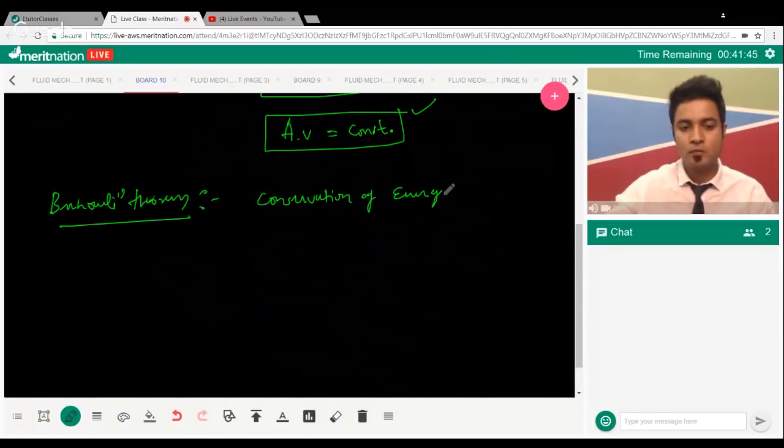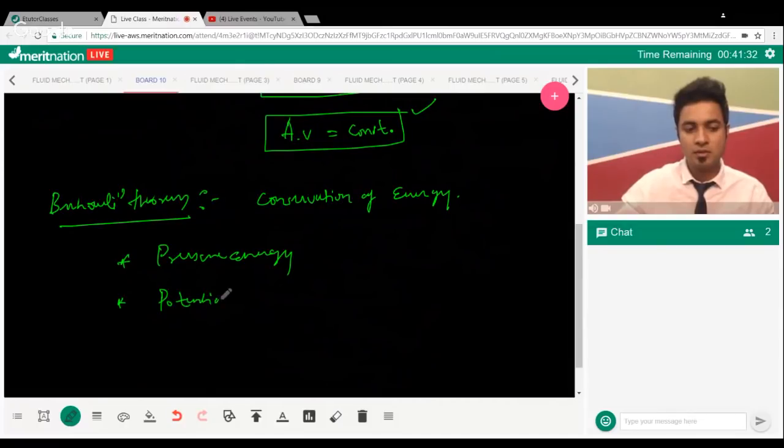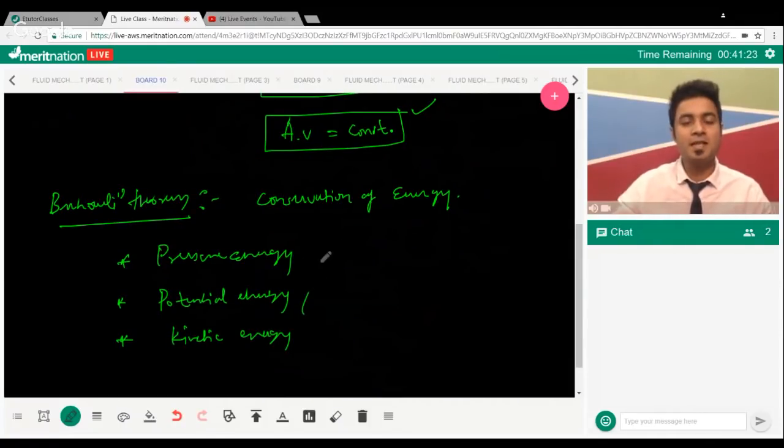When a liquid is in motion, it has three types of energy: the pressure energy, the potential energy, and the kinetic energy. These are the three energies possessed by a liquid whenever it is in motion. The sum of these three energies has to be constant.